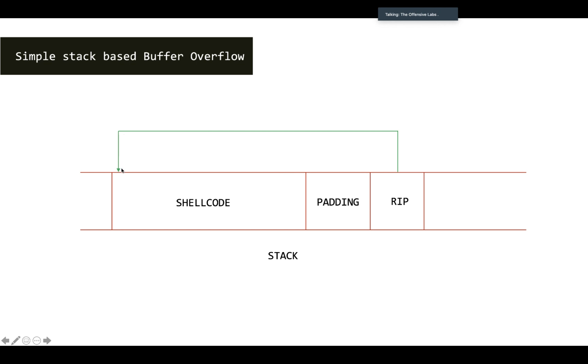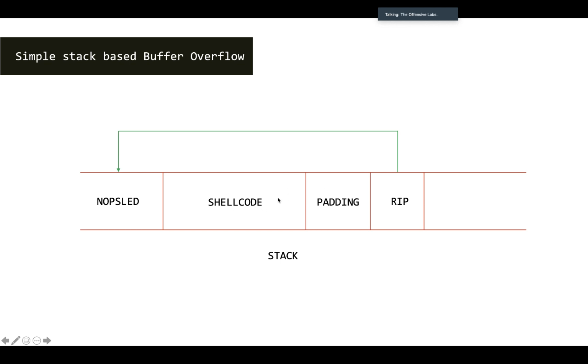But just to give some room for error, we placed some NOP sled in the beginning instead of directly placing the shellcode. And we managed to redirect the execution to this NOP sled, and once the execution lands on the NOP sled, it slowly redirects to the shellcode, and the shellcode gets executed.